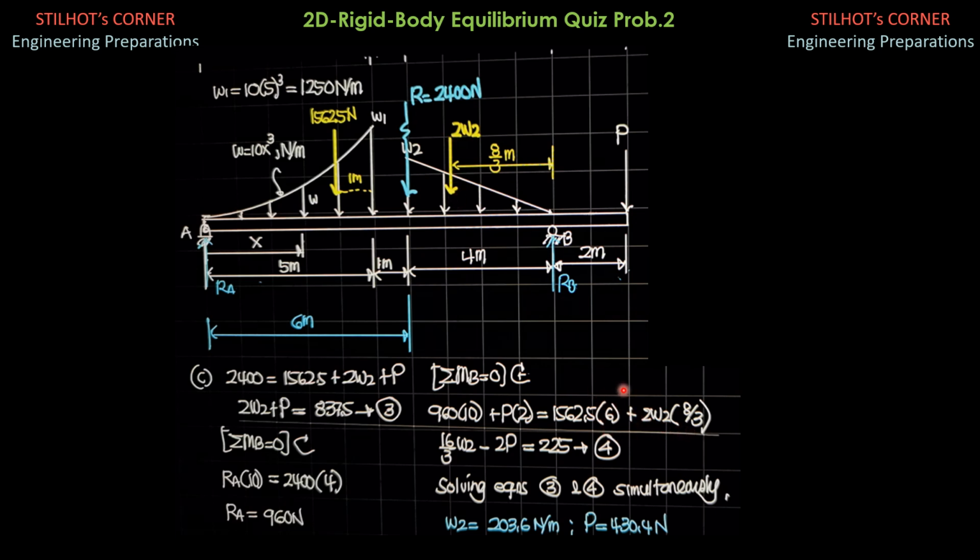So setting up the second equation, 16 over 3 W2 minus 2P equals 225. Then solving equations 3 and 4 simultaneously, we obtain W2 equals 203.6 newtons per meter and P equals 430.4 newtons.